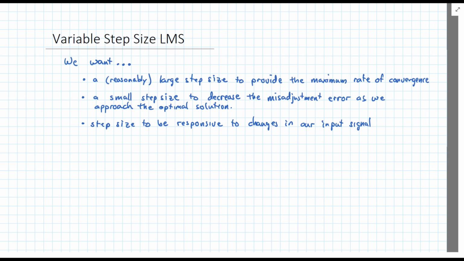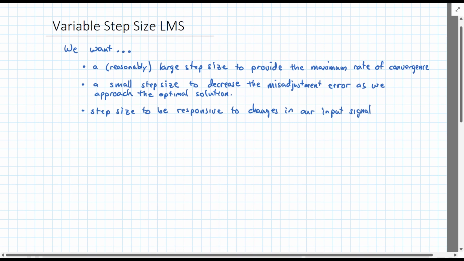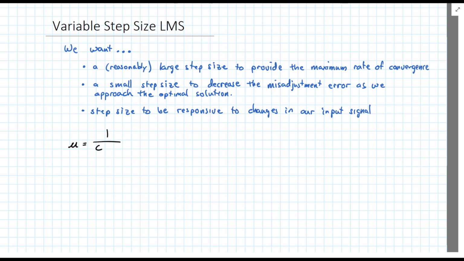These three requirements can be met by various variable step size LMS algorithms. So here are some options. One, we could have that mu is equal to 1 over c plus n. In this case, c is a constant, and n is our time index.